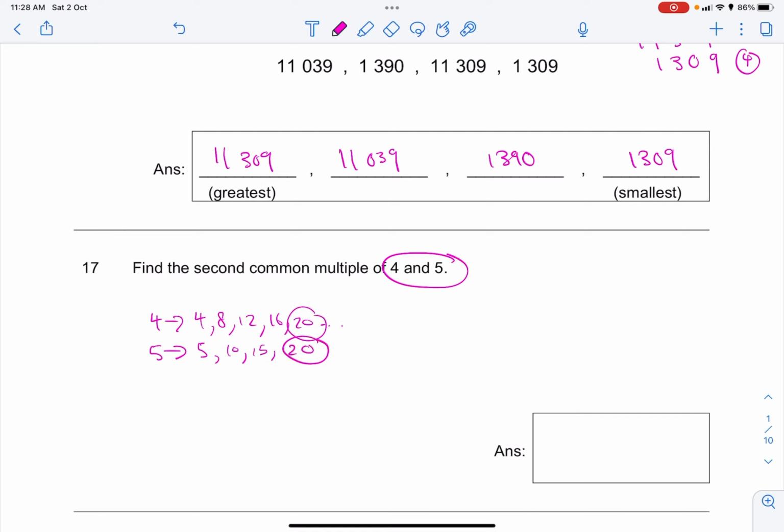So the first common multiple is 20. The second would be 40. So the second common multiple is 40. Or I can just take 20 times 2, 40. Okay, let me write this 20 better.